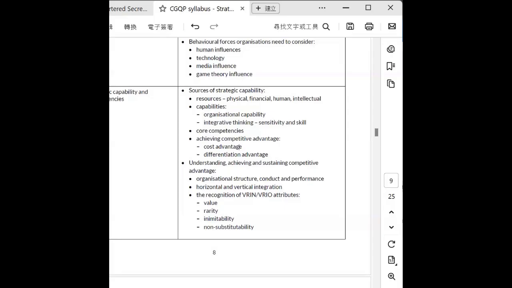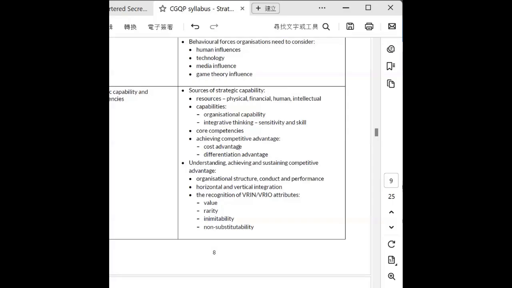Now, when we talk about capabilities, it refers to the organizational capability, which refers to the systems, processes, and structures that enable the company to coordinate activities and adapt to changes.